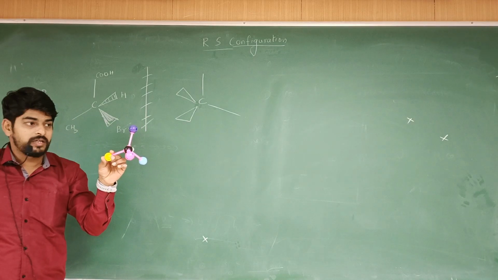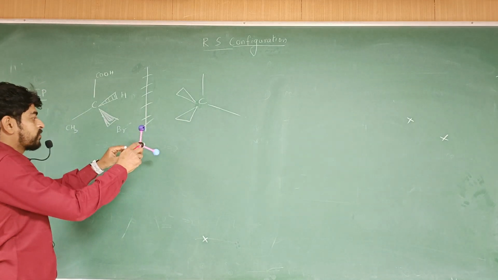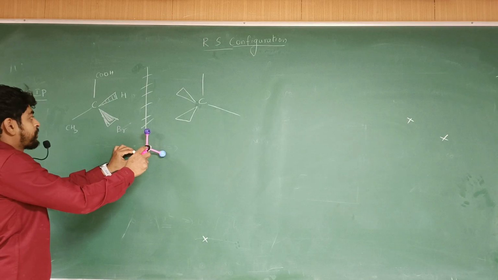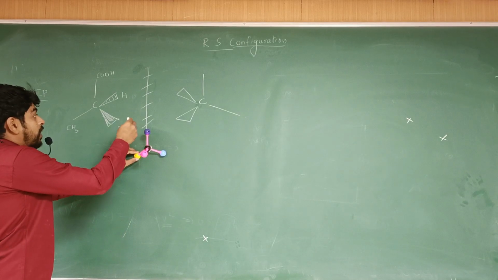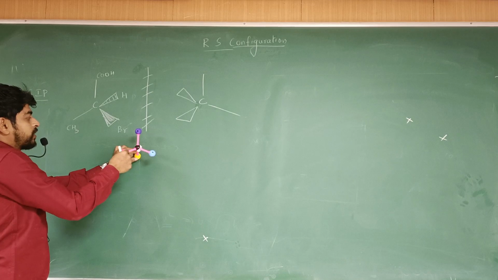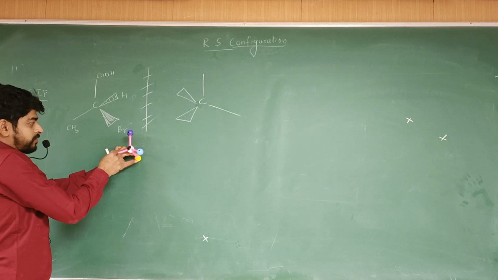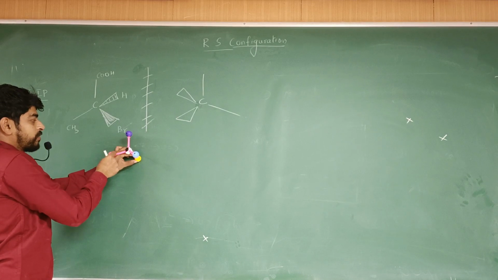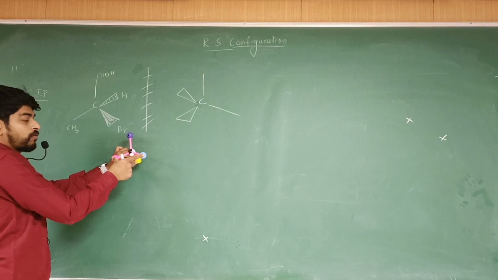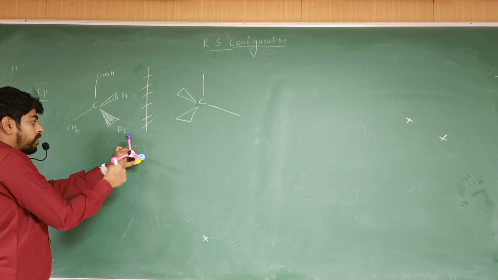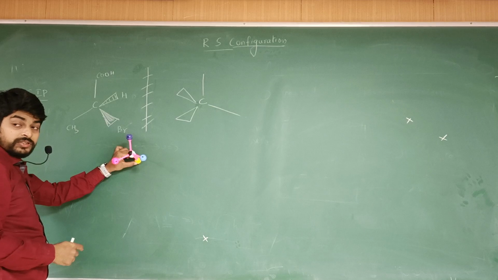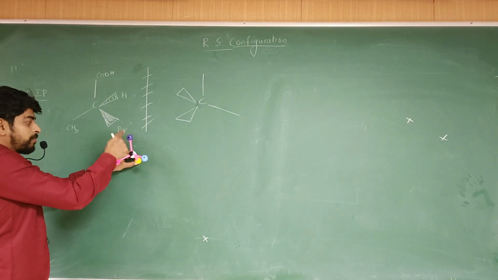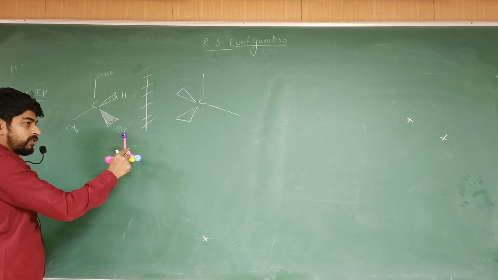Is that point clear? Now what you all have to look at is, when I am taking the molecule like this, I am just making a twist in this direction. I am rotating it from here to here. Now both hydrogen and bromine are out of the plane of the board. Only this carbon and this COOH are on the plane of the board. The CH3 goes into the plane of the board.